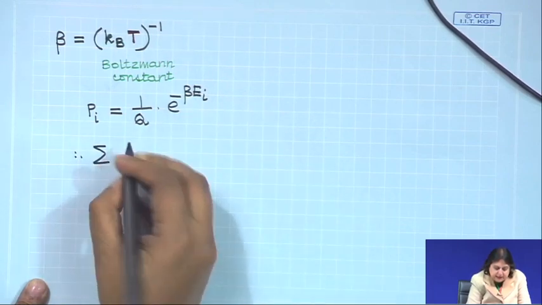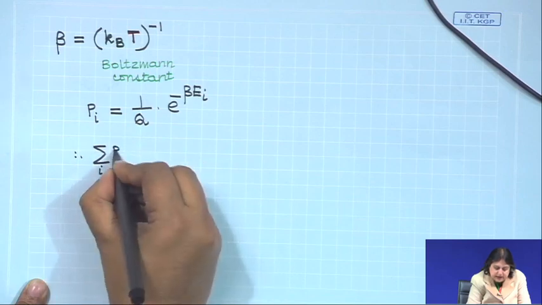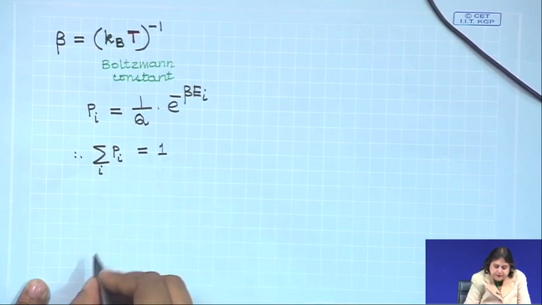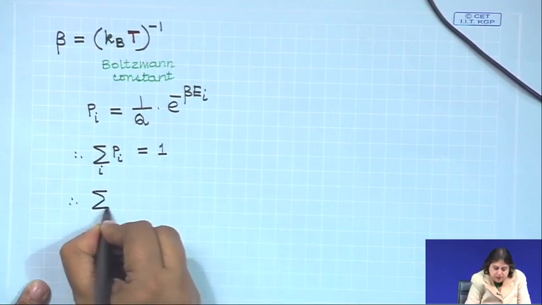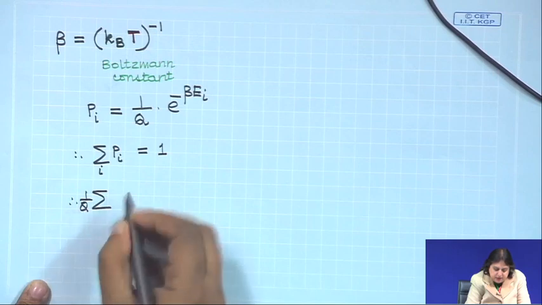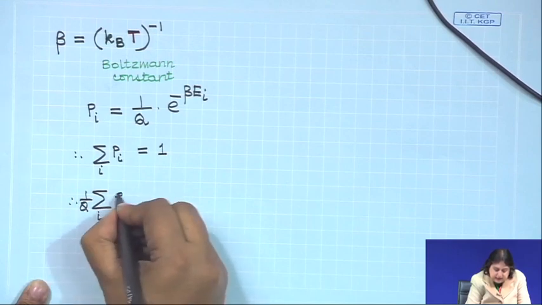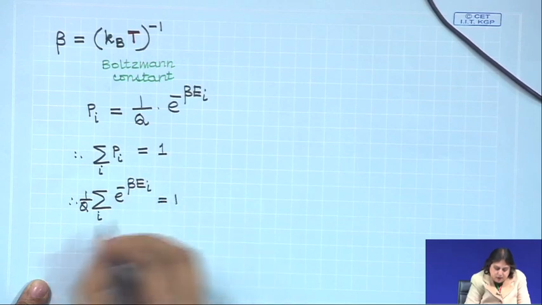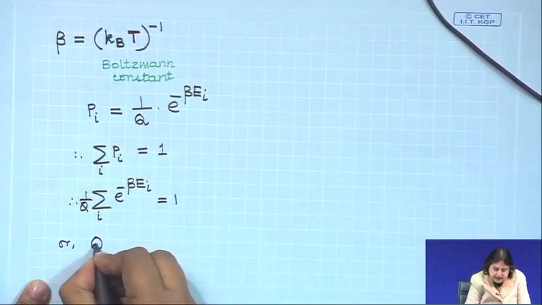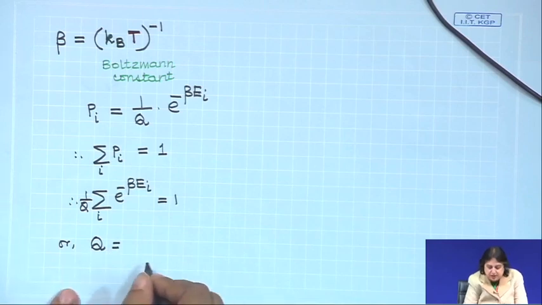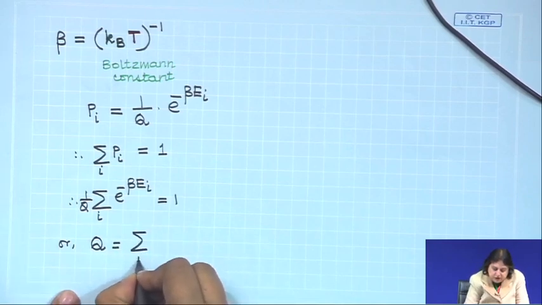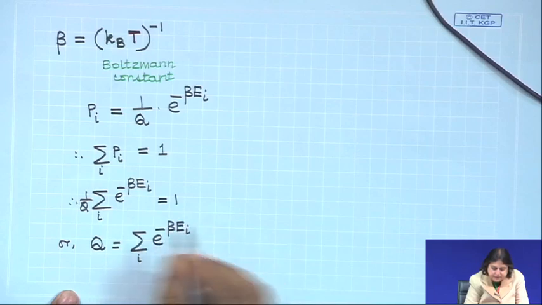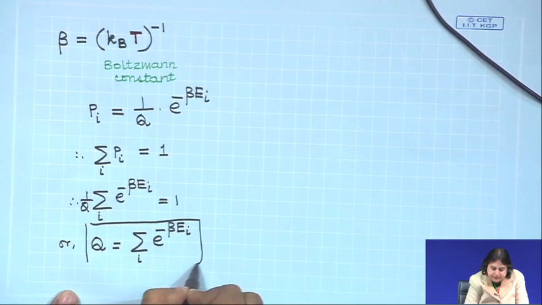Therefore, if I sum over all possible microstates i and sum over p_i, I must have 1. Therefore, doing very simple algebra, we can identify the normalization constant Q as summation over i e to the power of minus beta E_i. Is that clear?